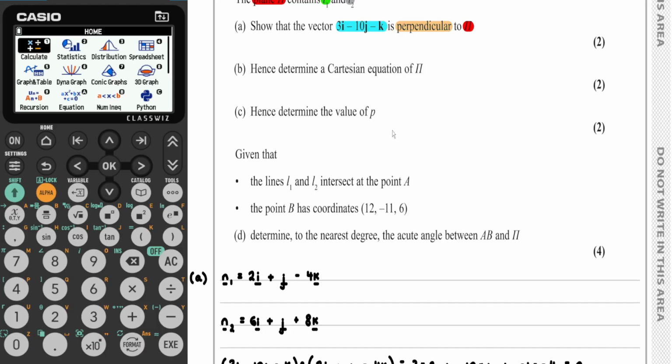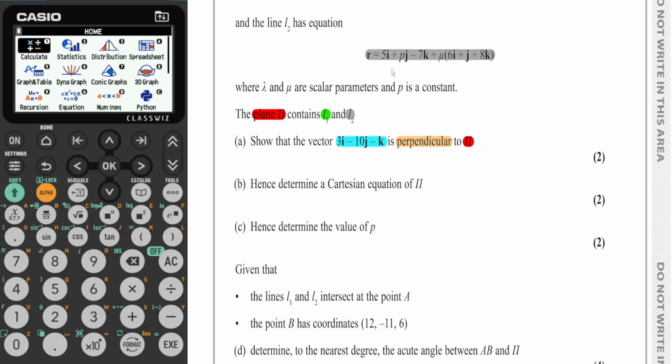Part C, hence determine the value of p. This time we can use the line L2, and what we know is (5, p, -7) lies on L2.